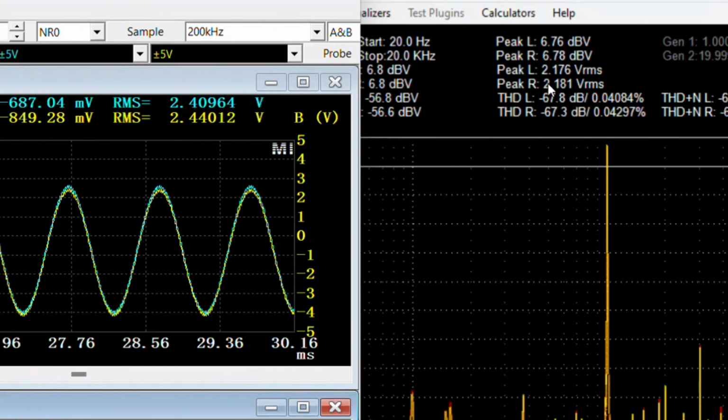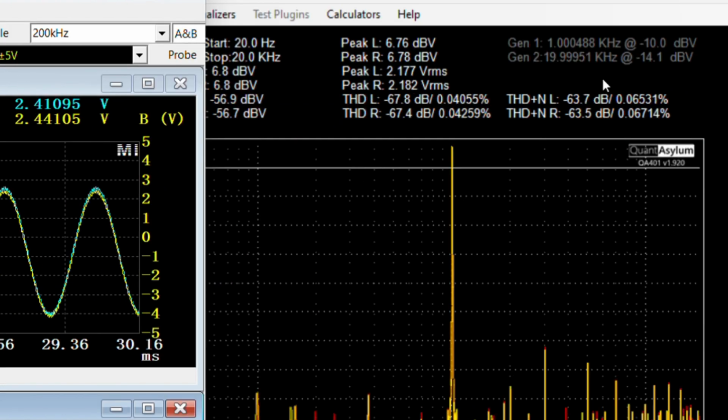This on the left channel is 2.1 and on the right channel is also 2.1. That is the voltage swing at the 4 ohm resistive load. And for the current distortion right now, I'm taking the total harmonic distortion plus noise, this one. And you get a pretty good distortion of 0.066 at the left channel and similarly for the right channel.